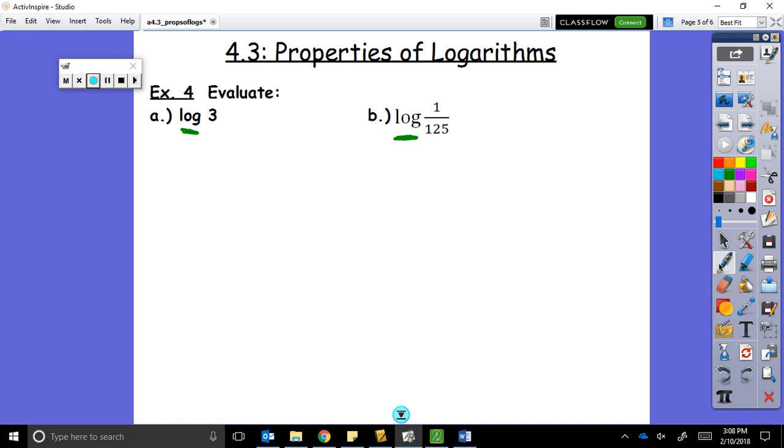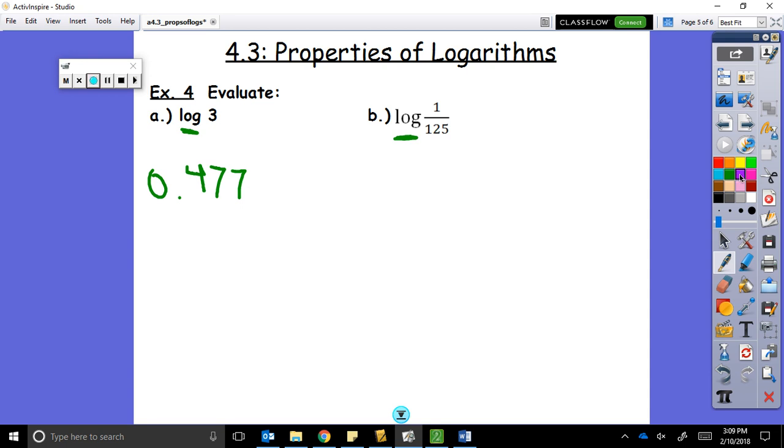Okay, I got, and we'll round to 3 decimal places, 0.477. Okay, all right, try the other one. Here I got, let's check our answers together.